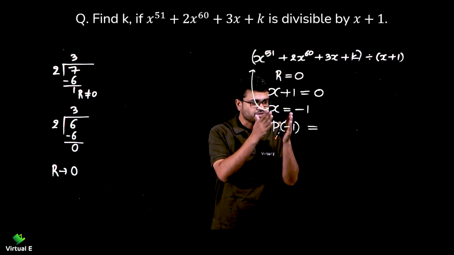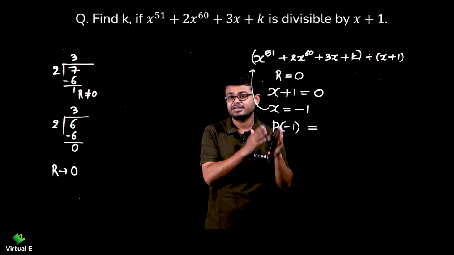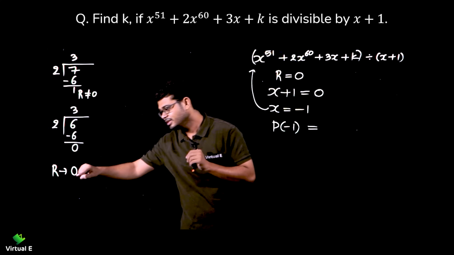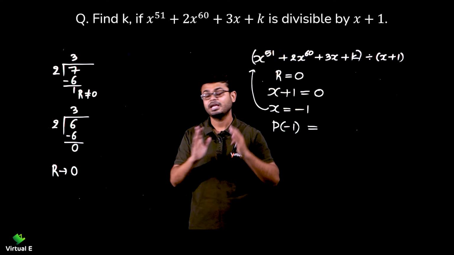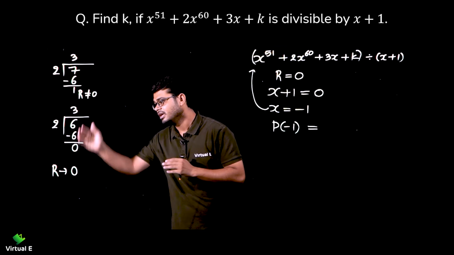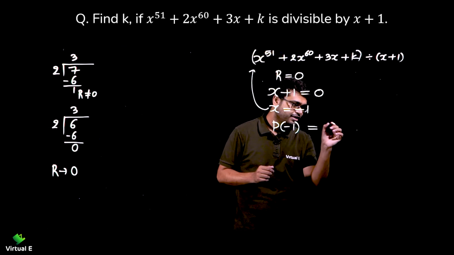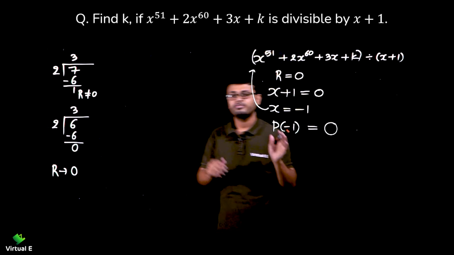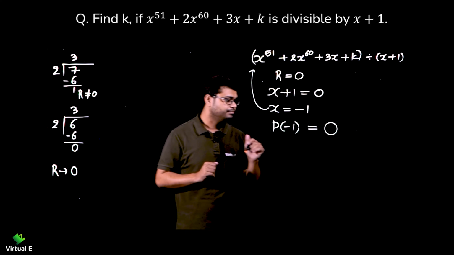If you substitute minus 1 into the polynomial, what should you get as the remainder? 0. That's what we discussed. Why? Because it is divisible, and whenever it is divisible, we get remainder 0. So here we will write 0. Remember, if you do not mention 0, you won't be able to get the value of k.